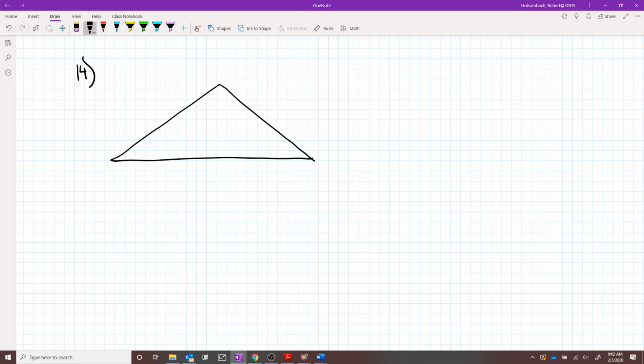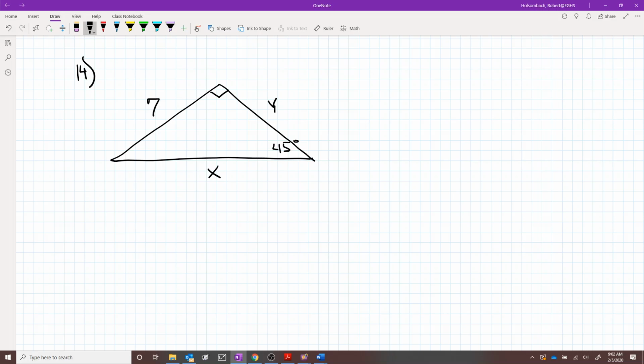Number 14 is another 45, 45, 90 right triangle. Find the lengths of the missing sides. So we've got an x, we've got a y, and one side is 7.